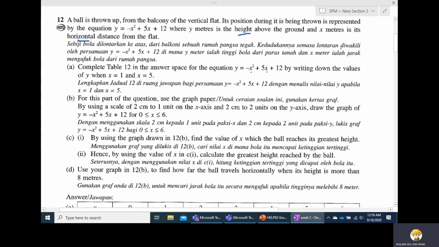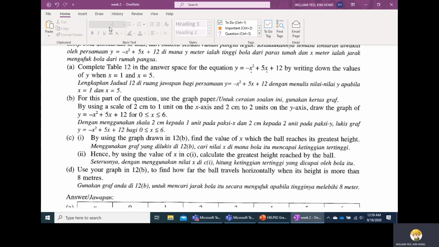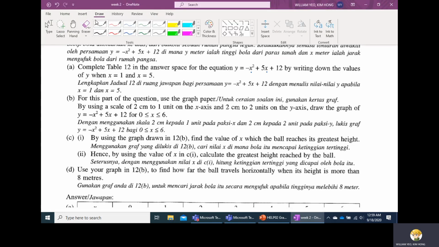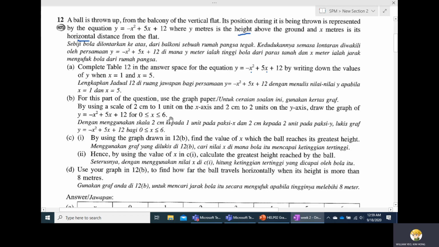B is what? They ask you to draw the line, right? Let me change this to the hand, so it's easier for you to see when I point at something. 2 cm to 1 unit on the x-axis, 2 cm to 2 units. Now they give you x from 0 to 6.